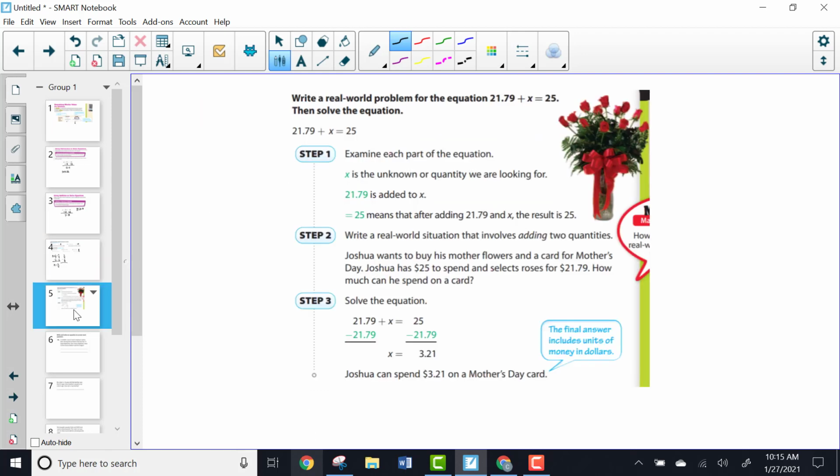Now, a couple other things we're going to look at is not only just solving these algebraic expressions or finding the value of the variable. We're also going to look at how to write a real-world problem whenever we take a look at an equation. Okay, so let's say, for example, and this is right on page 307 in your Go Math book, and they spell this out very nicely for you.